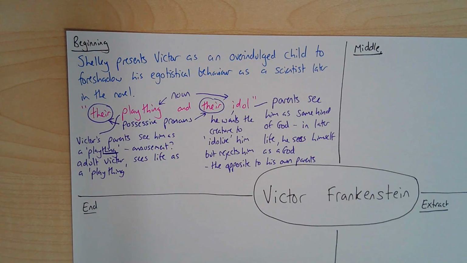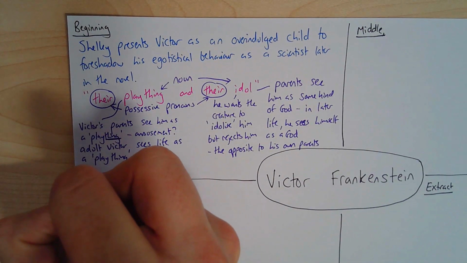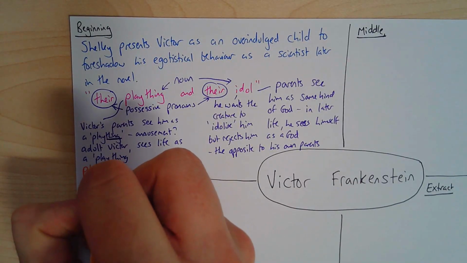And what you've got here as well, just thinking about context and wider ideas, you've got this idea of Victor playing God. I'll do this in orange at the bottom, it might not be particularly easy to see. Victor playing God.